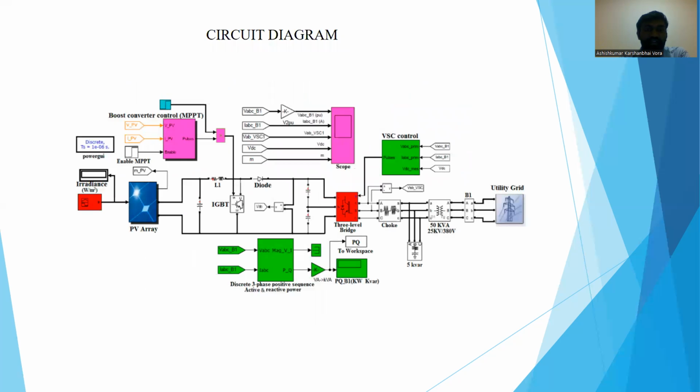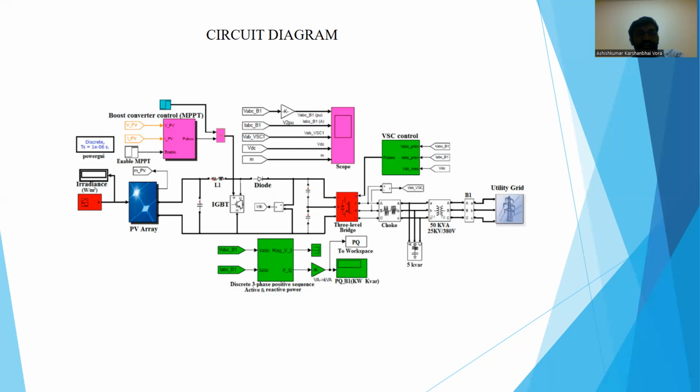And this is the circuit diagram of my MATLAB simulation. In this circuit diagram, I use many different components, which are scope, VSC controller, three-level bridge, choke, and PV array.